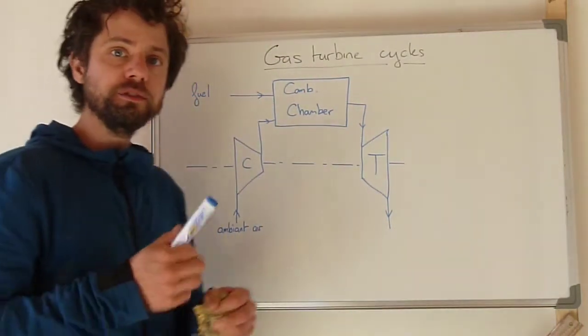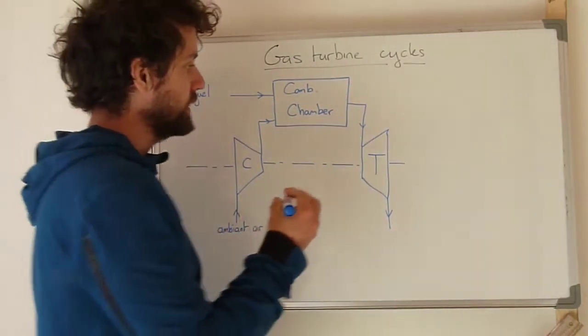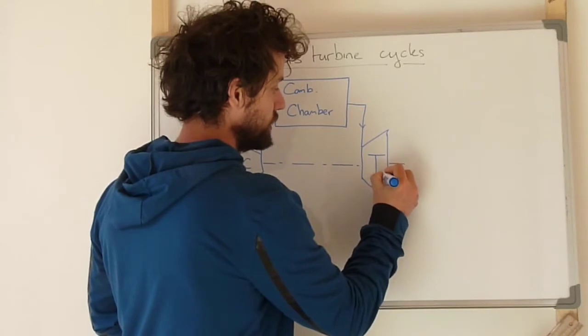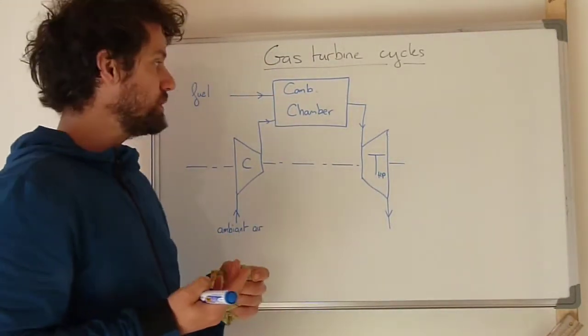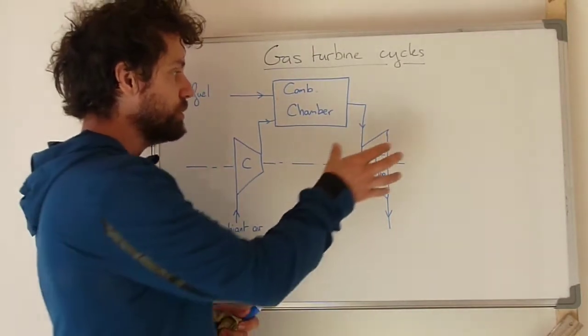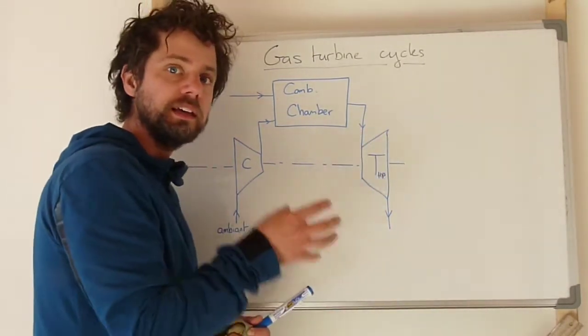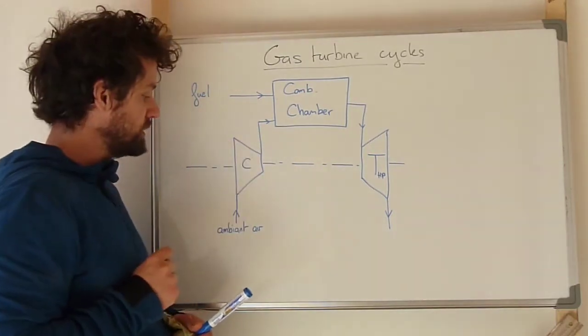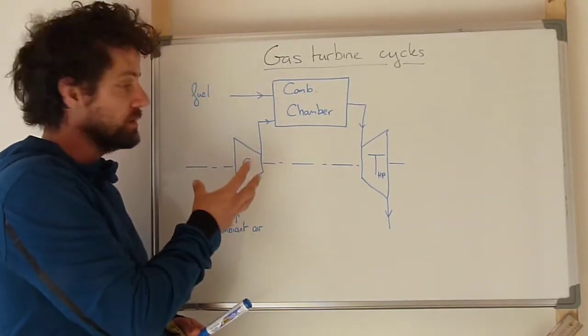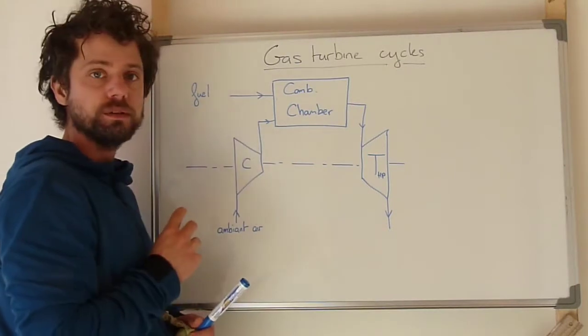We have one first stage of turbine that is called the high pressure turbine, that is designed so that the technical work provided by this turbine equals exactly what is required for the compression of the fluid, so the technical work received by the compressor.